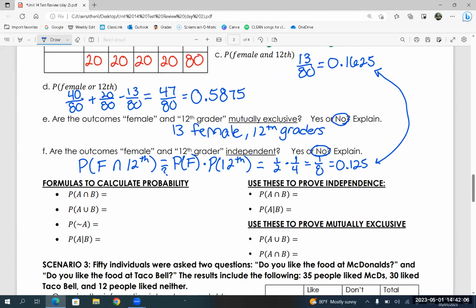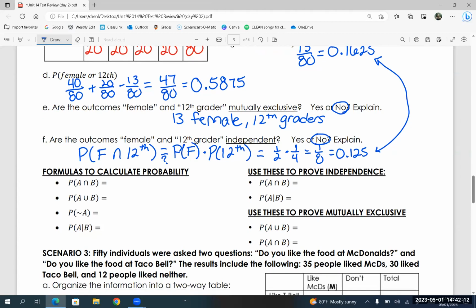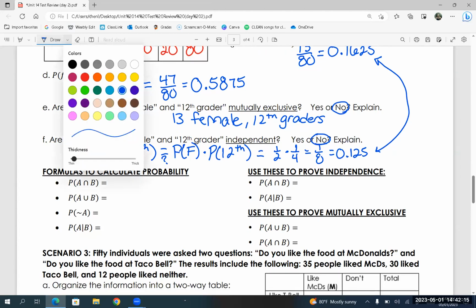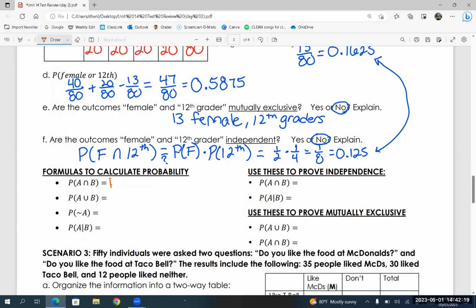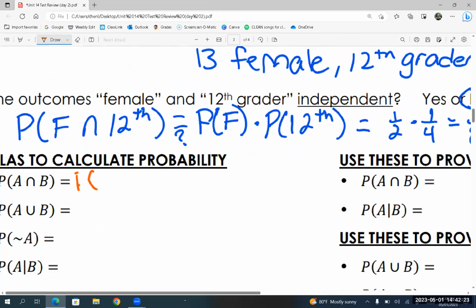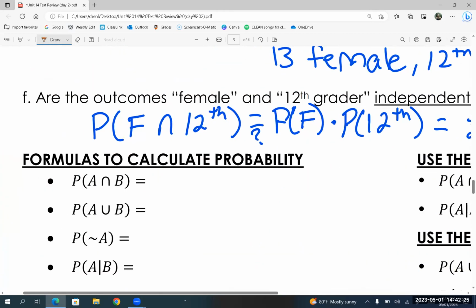Okay, so quick recap of some of the formulas we've been using. The probability of A and B is going to be equal to the probability of A times the probability of B if they're independent.